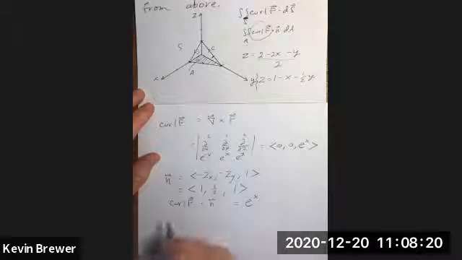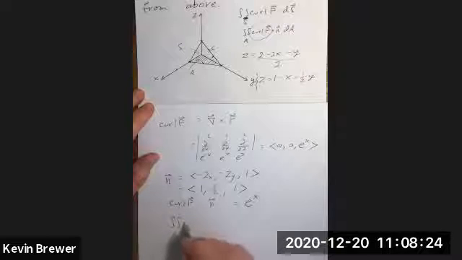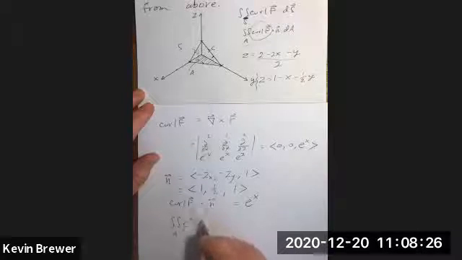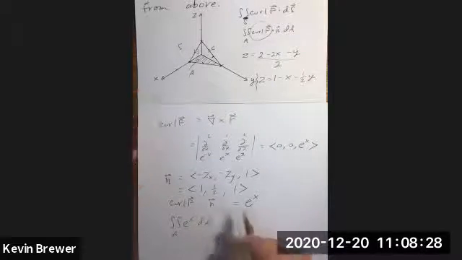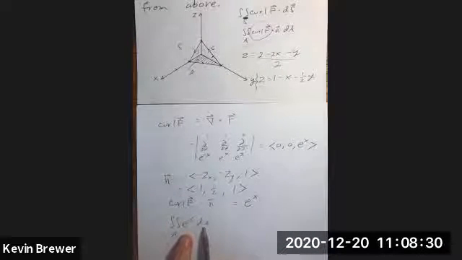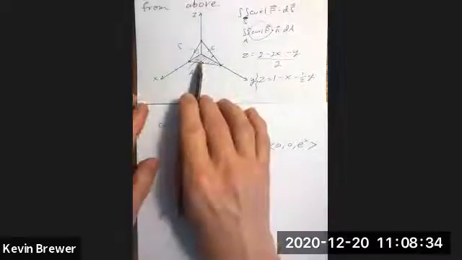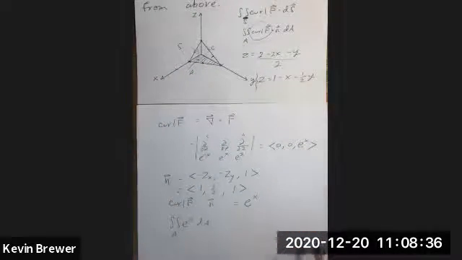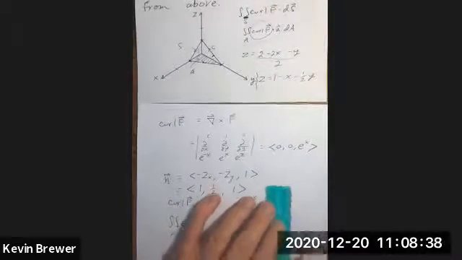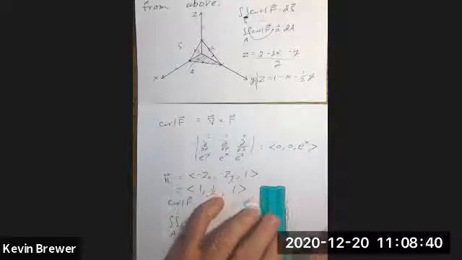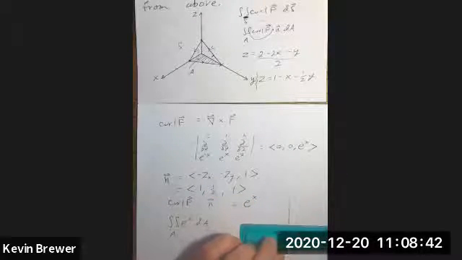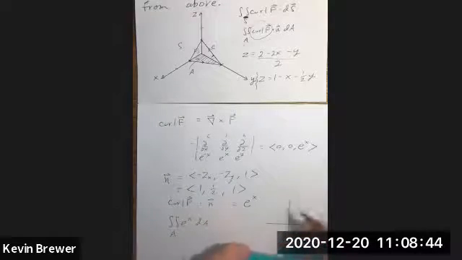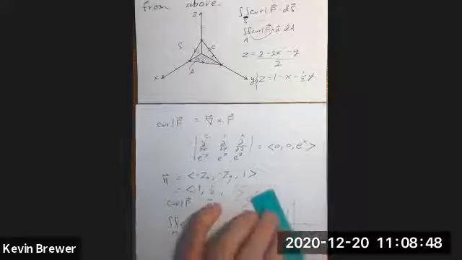So we need to compute the double integral over A of e to the x dA. Now this is going to be a dy dx or a dx dy, depending on how we go through the region.